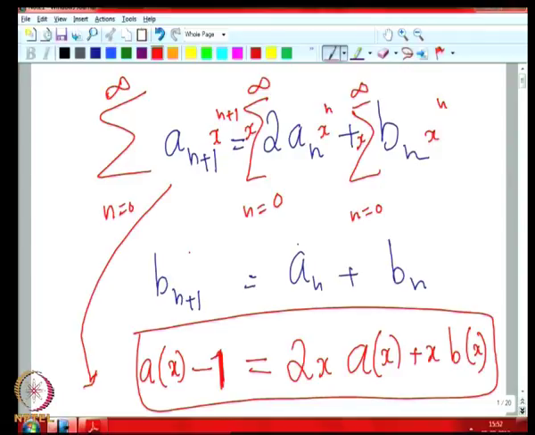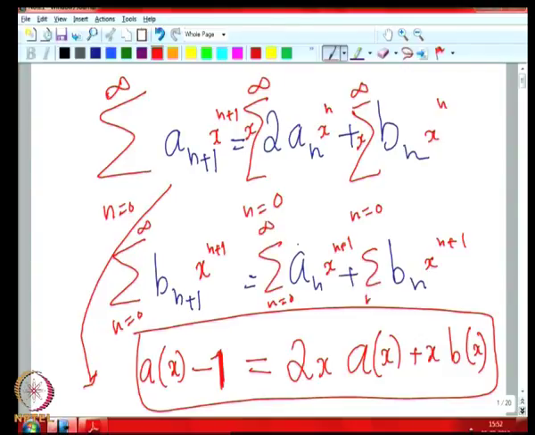And the same way we did for the first recurrence relation, we can do it for the second one, B(n+1) equal to An plus Bn. You multiply by x raised to n plus 1 everywhere, and then sum from n equal to 0 to infinity. Same arguments.